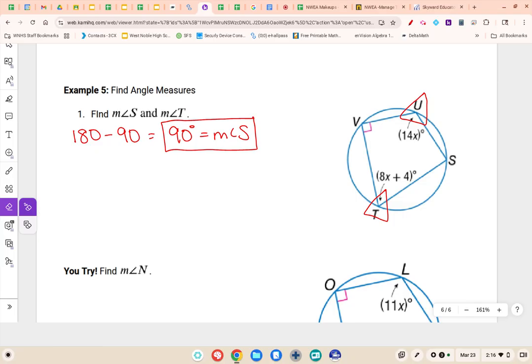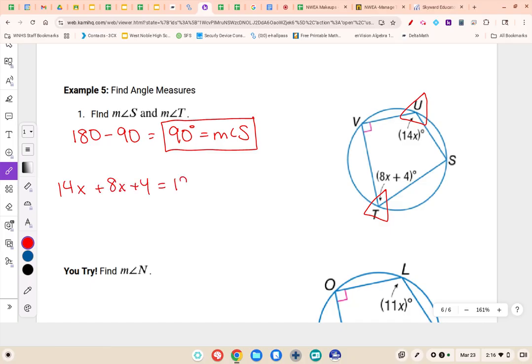So to solve for this one, all I have to do is add these two angles together and equal them to 180. So I get 22x plus 4 is 180. So 22x is 176.